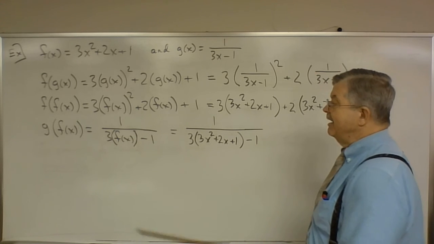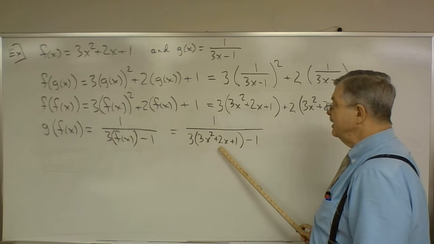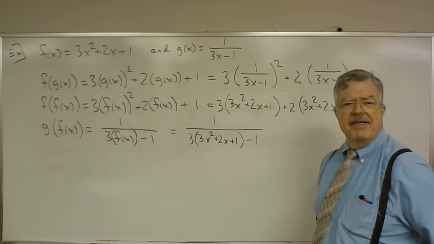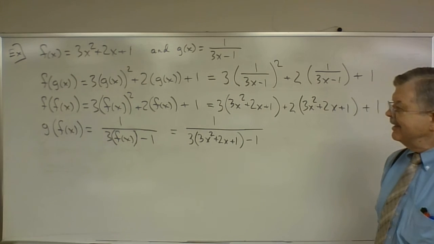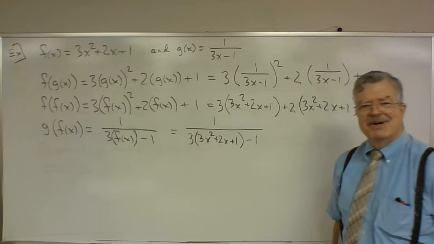And here we have g evaluated at f of x solely in terms of x. And if we want, we can simplify that. Well, we're looking good. Let's do one more.